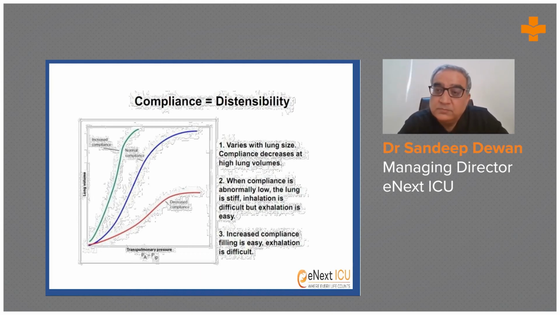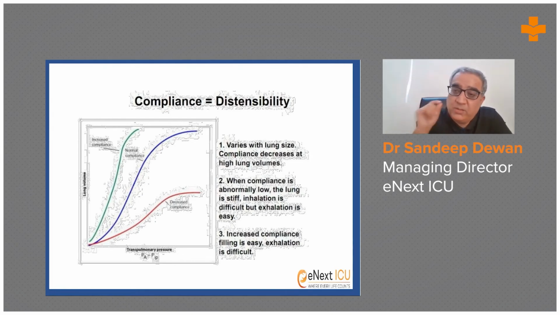ARDS, pneumonias, pulmonary edema, fibrosis. In all these conditions, the compliance of the lung goes down, and so immediately you'll get to know, oh, the lung is behaving badly. I need to make certain changes in the ventilator. So compliance is extremely important when you are on a ventilator.